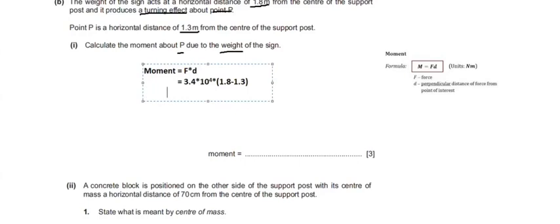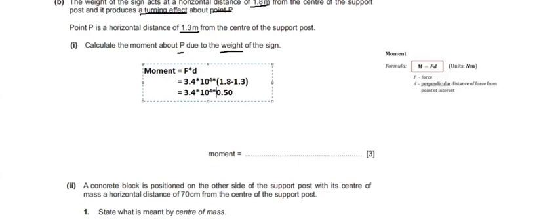Okay, so here we can write down 3.4 into 10 raised to 4, and 1.8 minus 1.3 is nothing but 0.50, multiplied by 0.50.